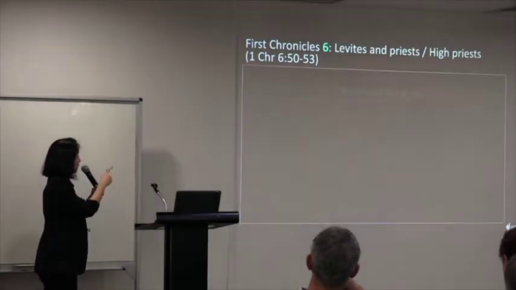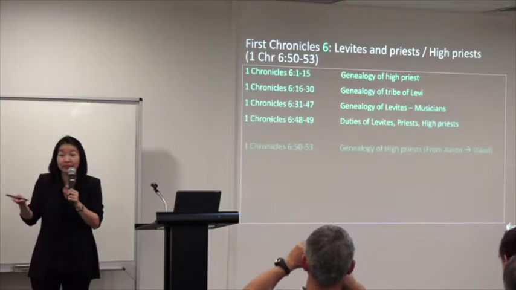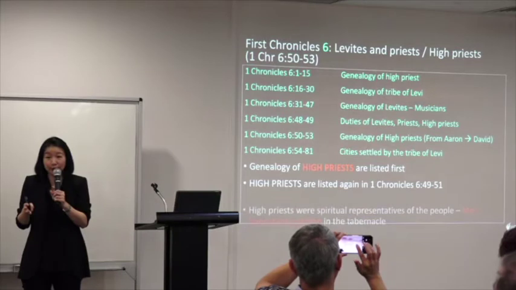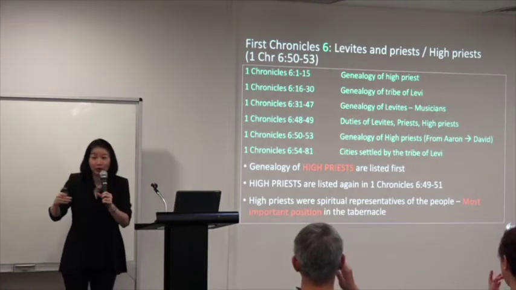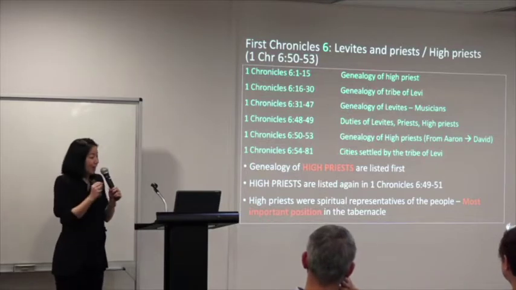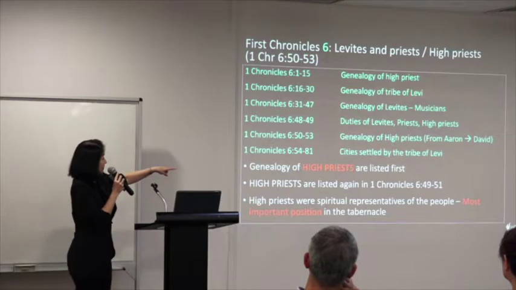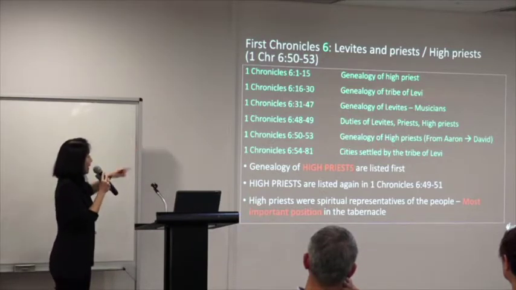Now, next, chapter 6. This is the highlight of today's show. It is on the Levites. It is on the priests, and it focuses on the high priests. You focus on the high priests in chapter 6, and you'll be studying all about them in the next lesson. The high priests are listed here, but they are listed in 1 Chronicles 6:49 to 51. They are listed earlier from 48 to 53.